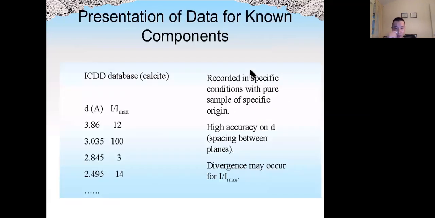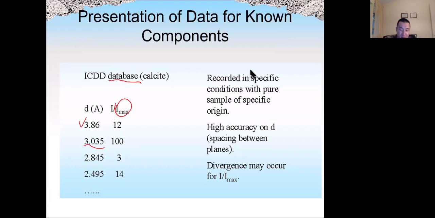So here is an example. A database is necessary. Here it shows the d value and also the ratio of intensity, I over I max. In this case, I max occurs at d of 3.335.